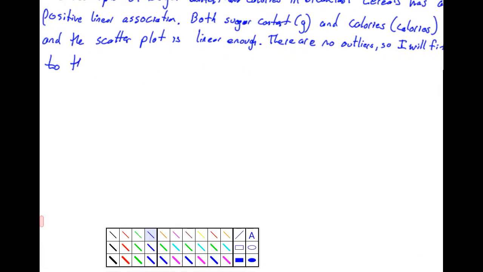to this data. Just as before, we're going to calculate it. I'm going to go ahead and write down the formulas again, because every time I use a formula, I like to write it down. On the AP exam and on the tests, I will give you a formula sheet.